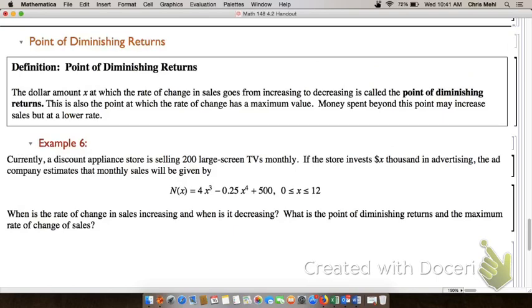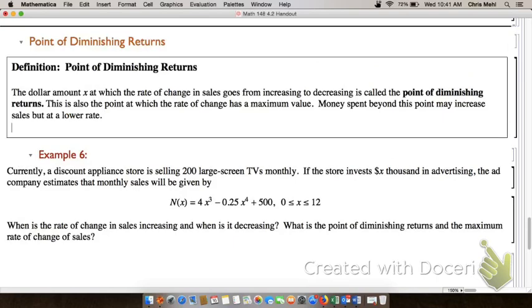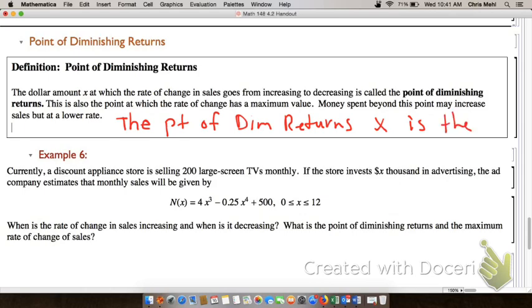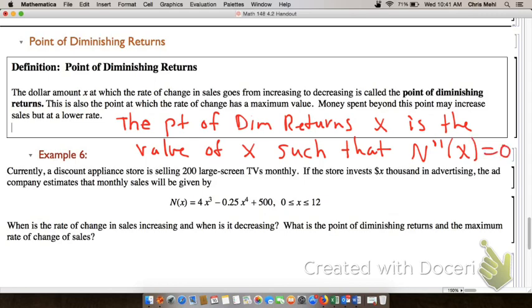I guess one more quick comment before we do this example. I just want to say that the point of diminishing returns x is the value of x such that the second derivative at x equals 0, right?